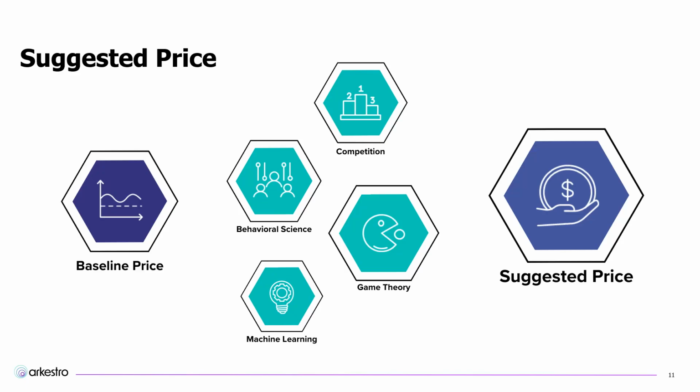And so we're looking at those behavioral attributes within the context of the sourcing engagement history, as well as different attributes around the level of competition, the number of folks within the event, and game theory, looking at how can we optimize outcomes by virtue of all of that data that is then slowly over time being improved by machine learning to derive a suggested price per unit for each line item.